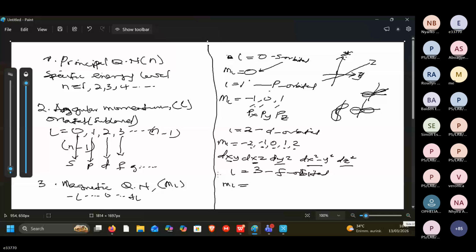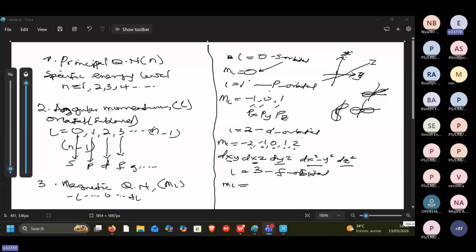So if L equals 3, what will be the allowed values for ML? That will be 7 different orientations for L equals 3. So we're going to have -3, -2, -1, 0, 1, 2, and 3.